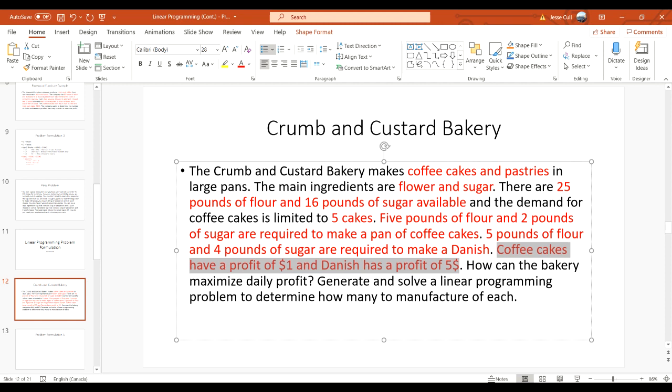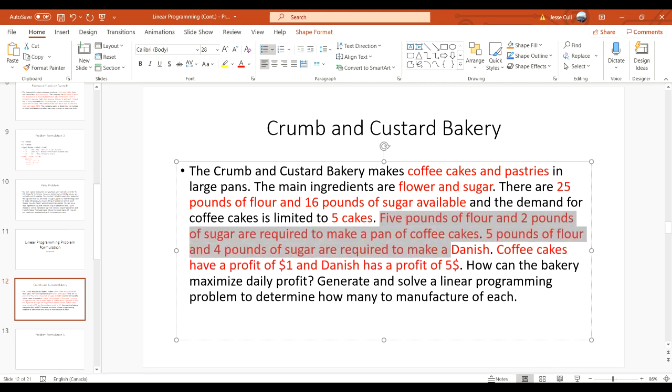One thing that we have to check when we're doing problems of this nature is we generally want to have an idea what our correct answer might be. So let's look a little more carefully here. 5 pounds of flour and 2 pounds of sugar are required to make coffee cakes. 5 pounds of flour and 4 pounds of sugar are required to make a Danish.